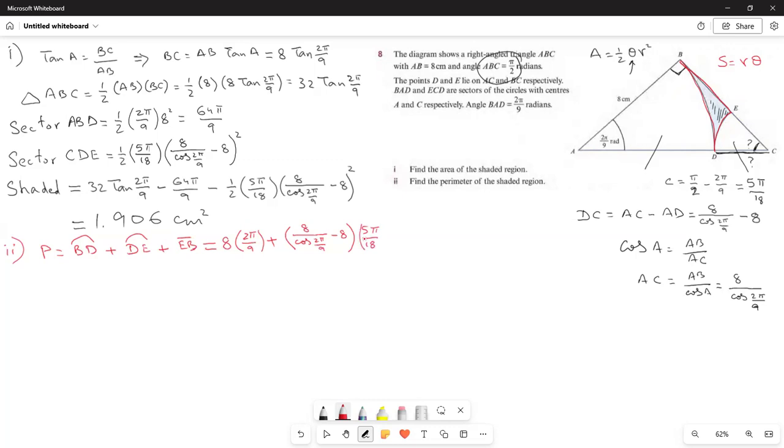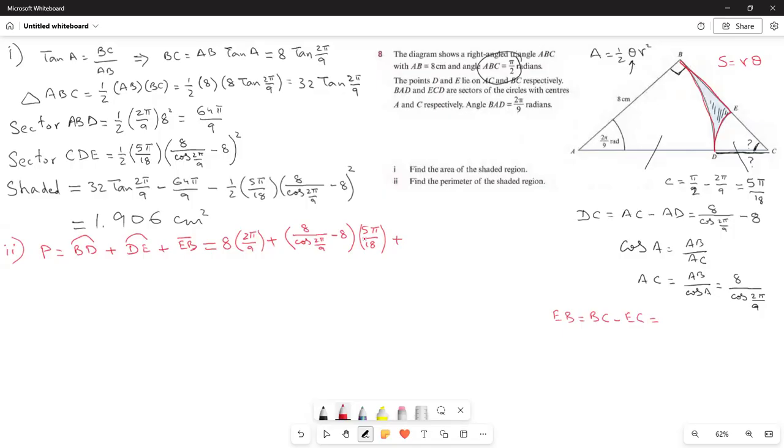So this is the second arc length, and plus EB, sorry, ED. Okay, how can I find, sorry, it's EB. Yes, okay. You can see that this distance EB is equal to BC minus EC. Okay, BC minus EC will be EB.